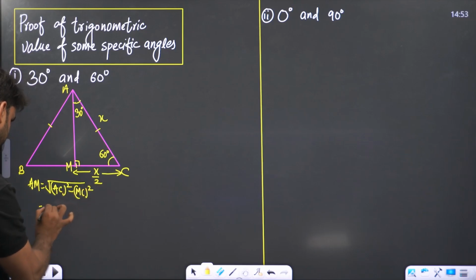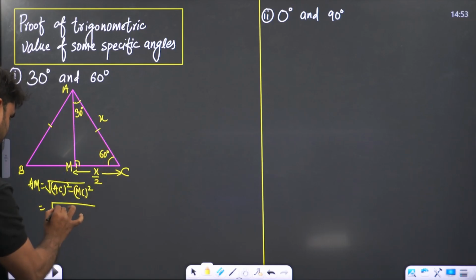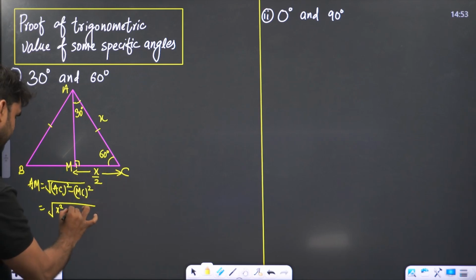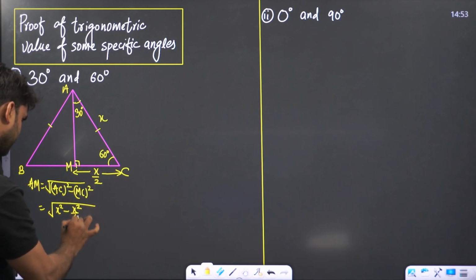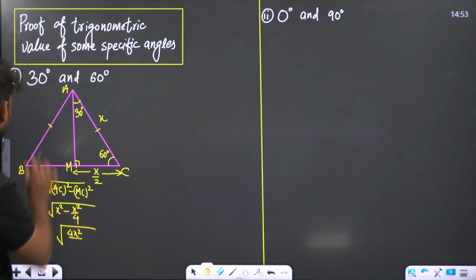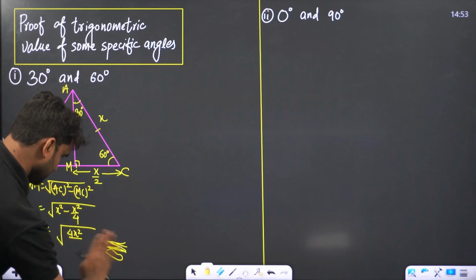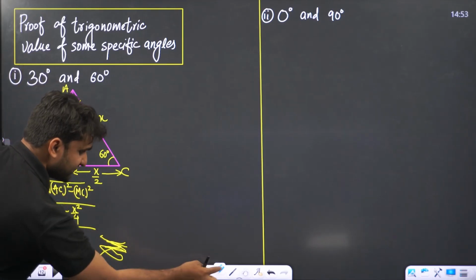Okay, so AC is x, so x square minus MC, which is x by 2, so x square by 4. So this is 4x square minus x square, that is 3x square. Just a second, guys.